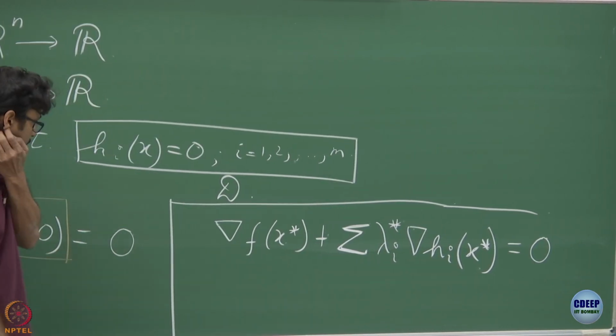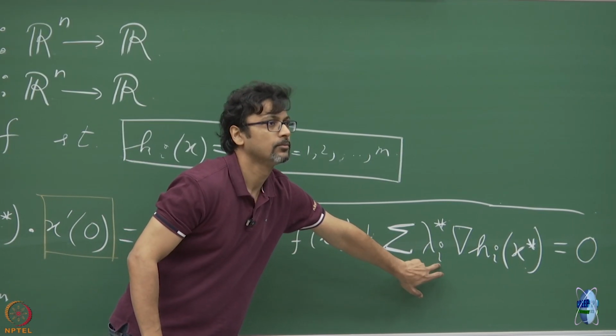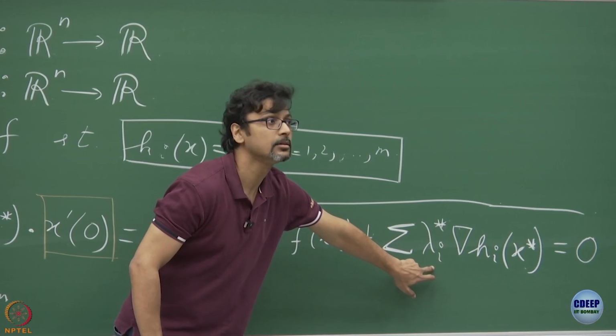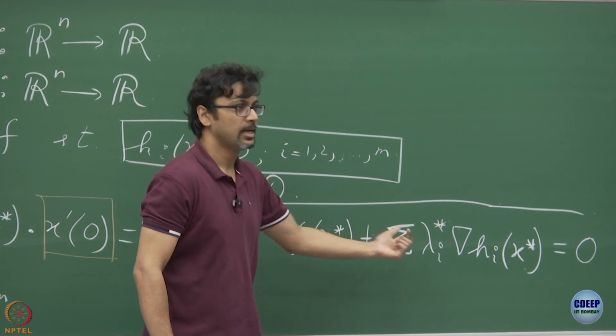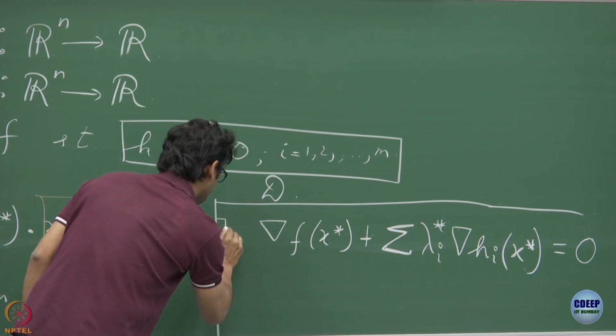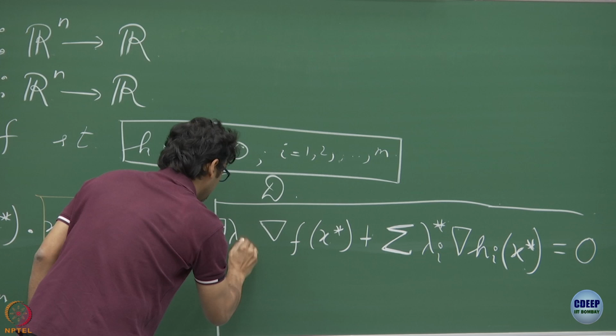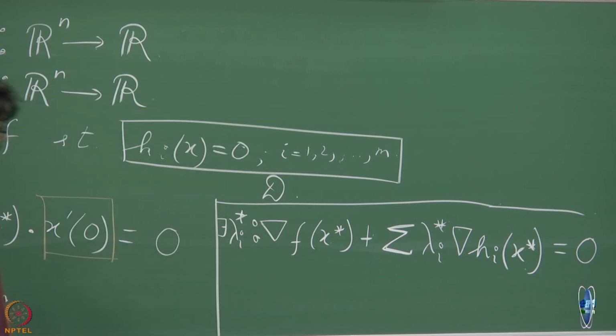Yeah. So what we say is that there exist, these are the scalars, right? You can just push it on the other side and you get a minus sign. It's the same. So there exist lambda i star such that this is true.